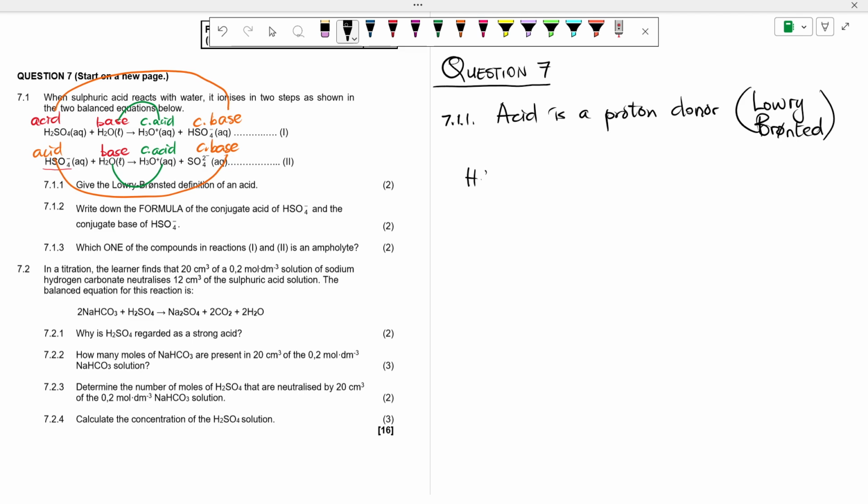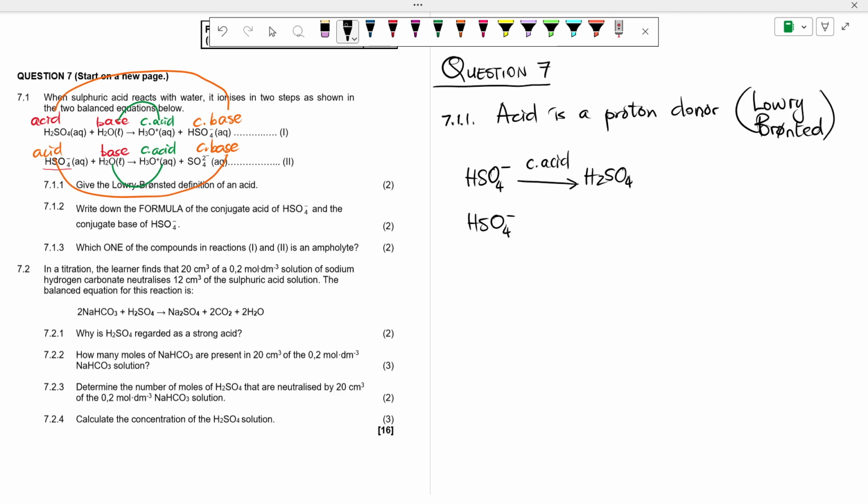So we're looking at HSO4 minus. They say, first of all, what is the conjugate acid of this? H2SO4. Yes, that's correct. So conjugate acid is H2SO4. Let's move quickly so that we can have time to rest.